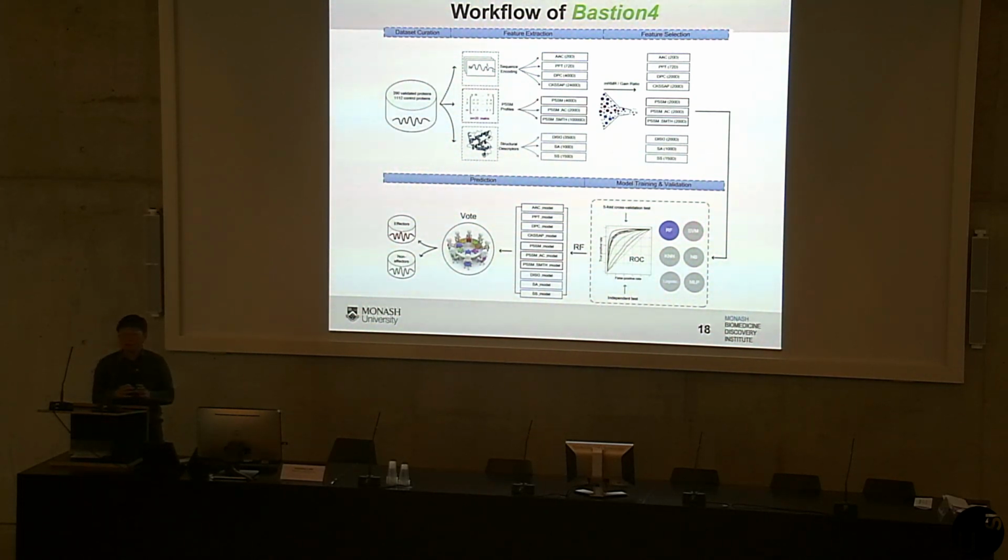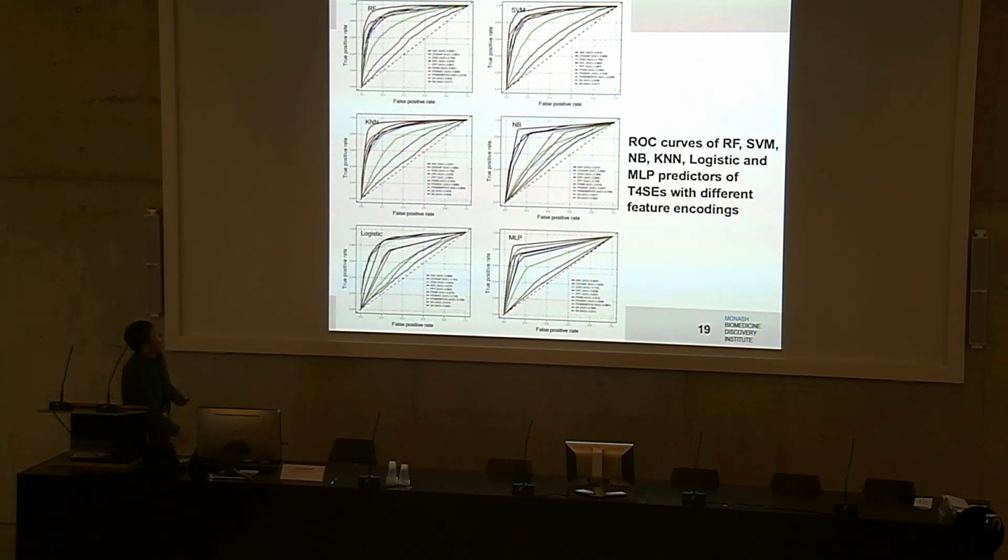Then we merge the prediction outputs of multiple individual classifiers using an ensemble voting strategy in order to achieve a much more accurate and robust performance. Through this voting strategy, we show that effector and non-effector proteins can be better classified. So this is the structure of BImBS.